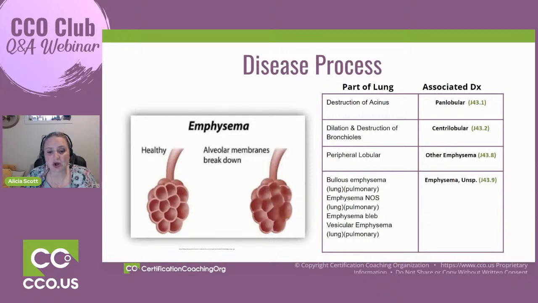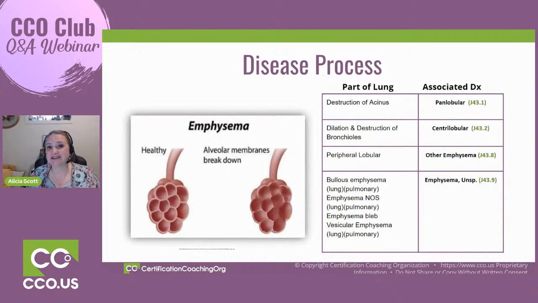If it's panlobular, that means that the acinus is already having destruction, J43.1. If we have dilation and the destruction of the bronchioles, that's centrilobular, J43.2. Peripheral lobular is other emphysema, J43.8.